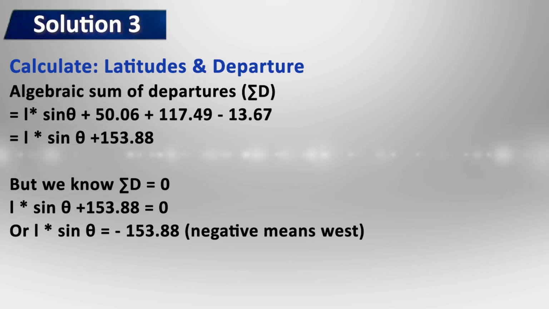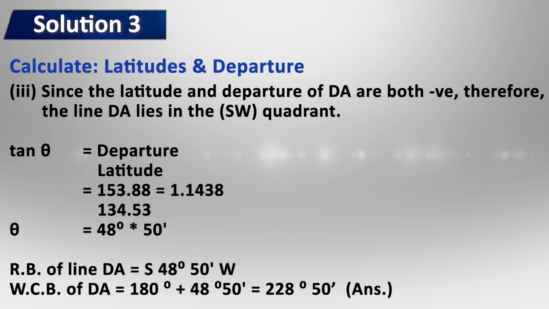So L sin theta would be equal to minus 153.88. Negative means it is towards west. Since the latitude and departure of line DA are both negative, therefore the line DA lies in the southwest quadrant.